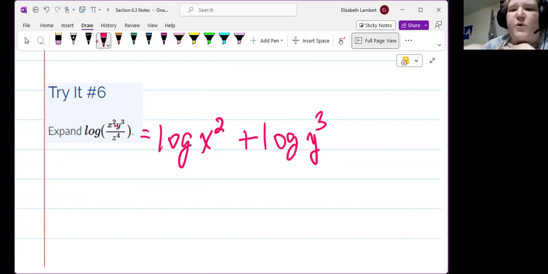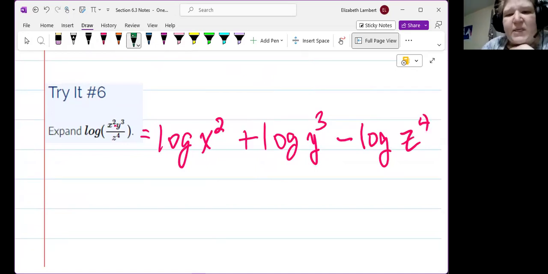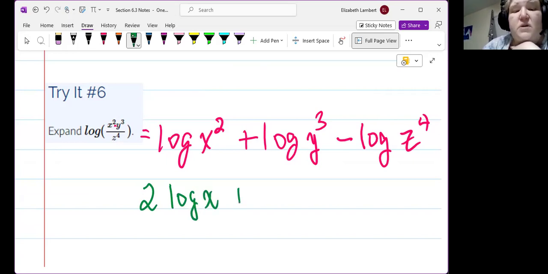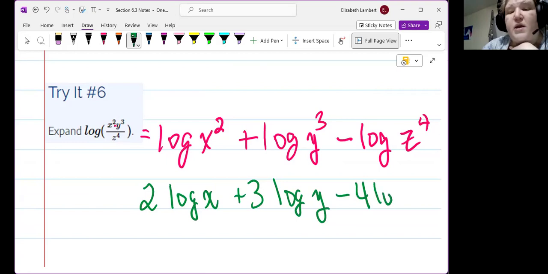And then that z to the 4th is on the bottom, so it will be minus the log of z to the 4th. And now each one of these, the power comes down just in front of its own log. So this log of x squared will become 2 times the log of x, plus now it will be 3 times the log of y, minus 4 times the log of z.